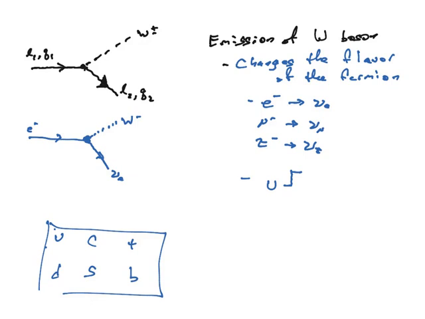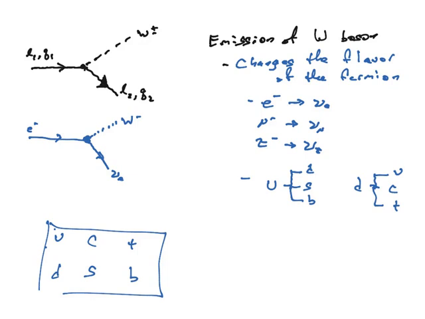So if you start in the top row, a top row thing can become any one of the bottom row things. So it can become a down, strange, or a bottom. And of course the same for the down, right? The down, what can he do? Well, any bottom row thing can become a top row thing. So it can be an up, a charm, or a top. And I could do this for all of them, right? A strange, he's a bottom row, so a strange can become an up, a charm, or a top, and so forth.